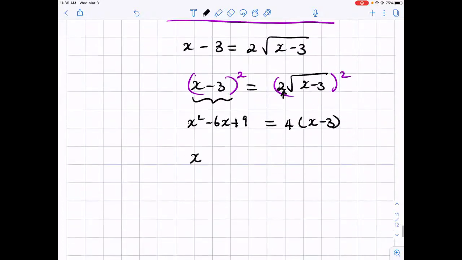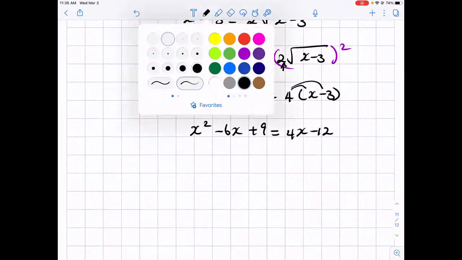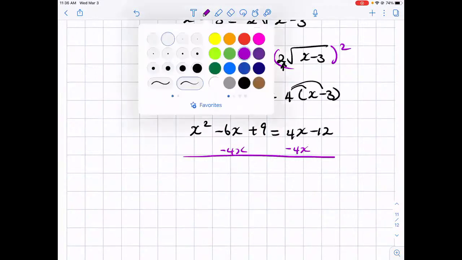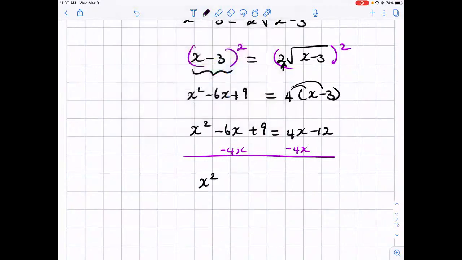So we have x squared minus 6x plus 9 is equal to, and if we distribute, we have 4x minus 12. If we set this equal to 0, we subtract 4x on both sides, and we're setting it equal to 0 because it is a quadratic again.